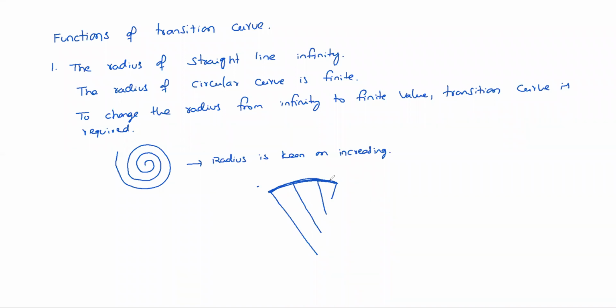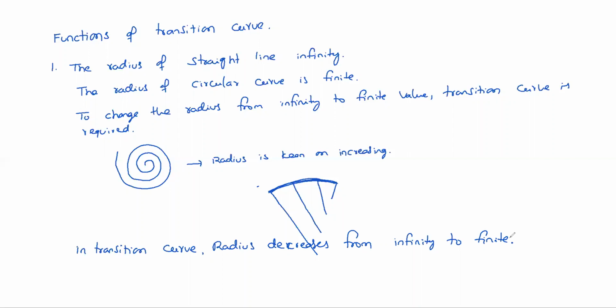Okay, so in transition curve, radius decreases from infinity to finite. So what is the advantage of it? Why to provide like this? Why decrease that radius from infinity to finite?